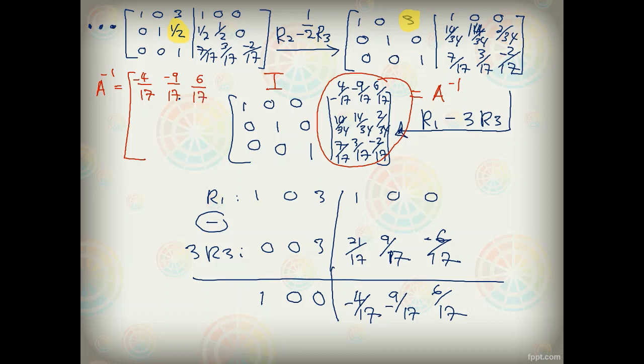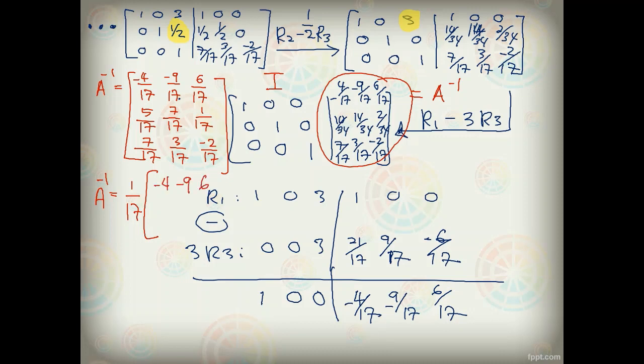This one we can reduce to 5 over 17, 7 over 17, 1 over 17, 7 over 17, 3 over 17, minus 2 over 17. Or we can factor 17 out. A inverse equal to 1 over 17 times minus 4, minus 9, 6, 5, 7, 1, 7, 3, minus 2. Okay, so done. That is our inverse.